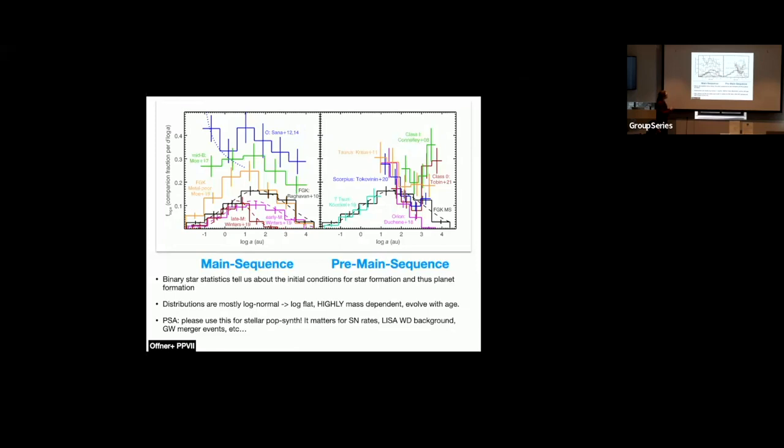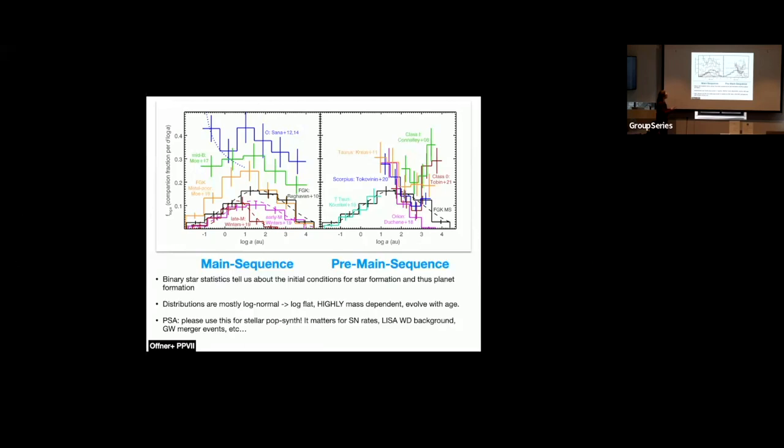So we can see, for example, that at early times, these curves up here, we tend to see maybe a bimodal distribution where we have a lot of binary objects at wide separations and maybe some more at close separations. And if you look at the main sequence, which is this black dashed curve here, we have a log normal.